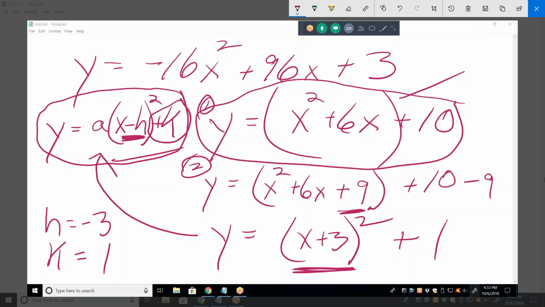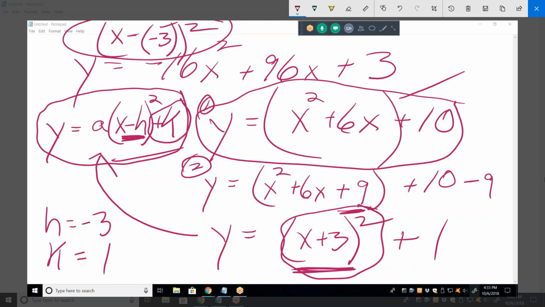Okay. In other words, here's what I had: x minus a minus 3, which turned it into x plus 3 squared. So h is definitely minus 3. This whole thing becomes this whole thing. And the plus 1, k has to be 1.